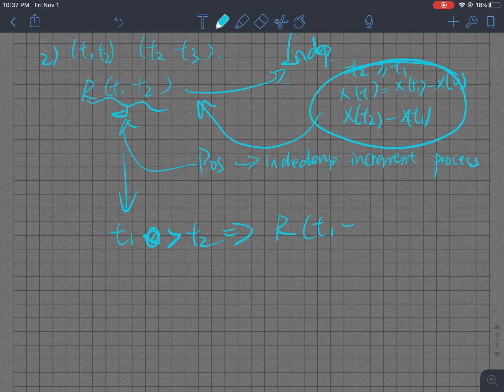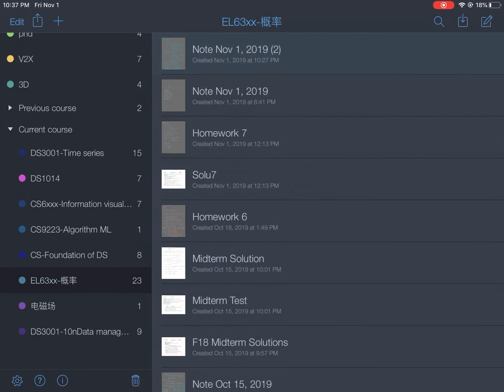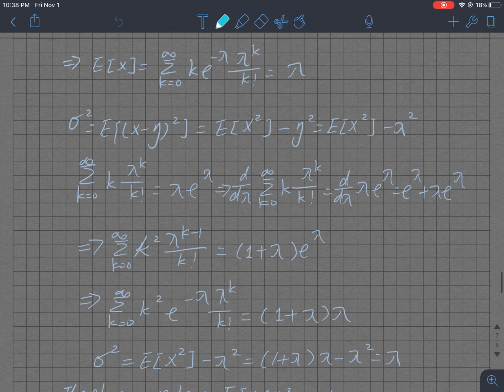Analyze R(T1, T2), then we can get the results for the question. And that's all for this homework, and we can go to see the results.